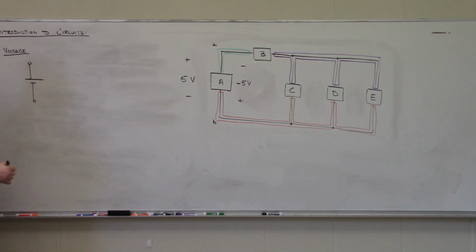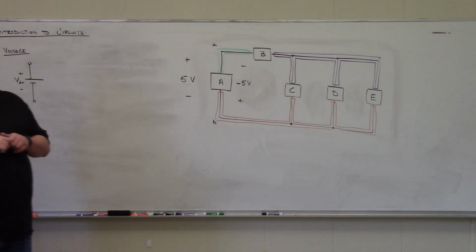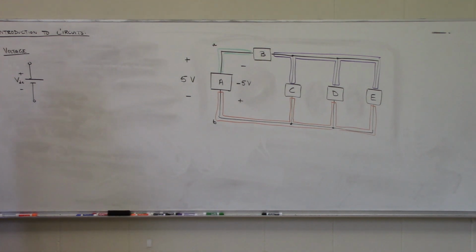All right. This is the circuit schematic diagram for a simple battery, where it is assumed that the long bar is the positive polarity terminal and the short bar is the negative polarity terminal, and it will typically have some magnitude assigned with it, and I'm going to call this VDC because batteries supply DC or non-time varying voltages.